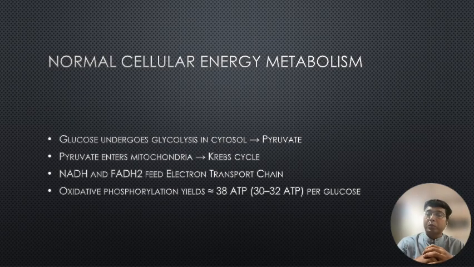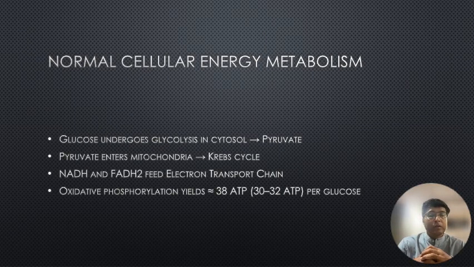Other carbohydrates like fructose, galactose, sucrose, they also follow the same pathway, the glycolytic pathway, to be metabolized. And the final product in the cytosol through the glycolytic pathway is the pyruvate.